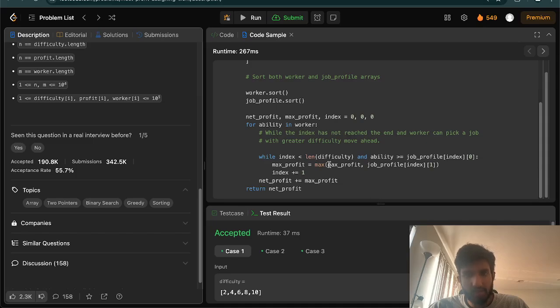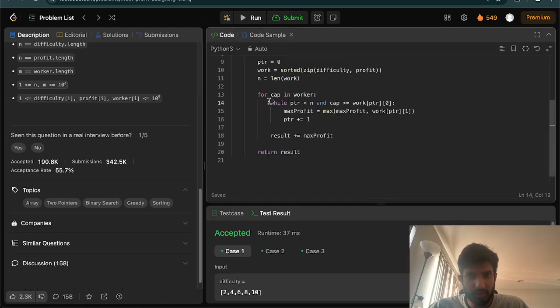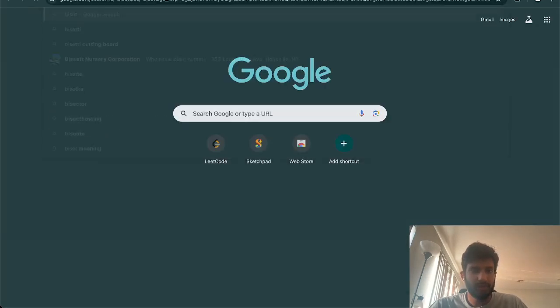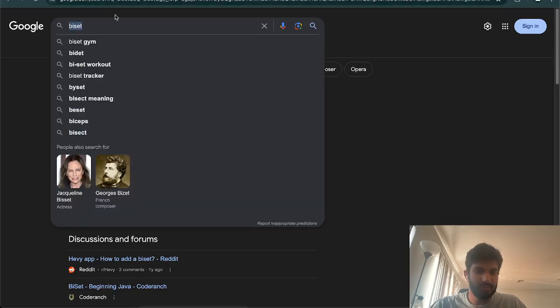Instead of manually increasing this index like we are doing here, we can do a binary search to find the index between our pointer and the end. Let's look at bisect.